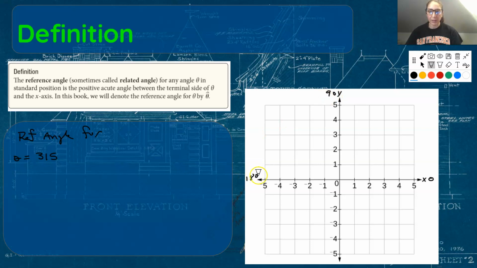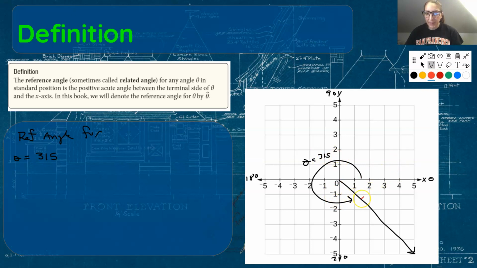We know all the way here is 180. We know that this is 270. So 315 is going to put us somewhere over here. So we've opened up here. Theta equals 315 degrees. So what's my reference angle then?